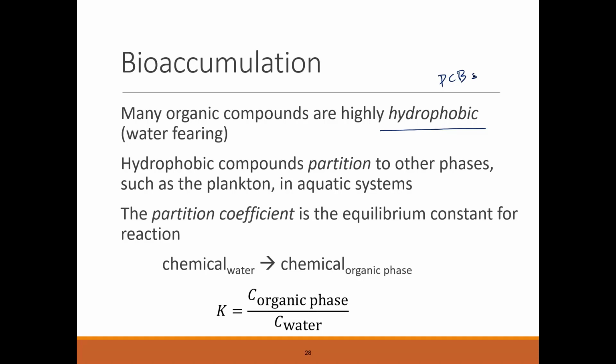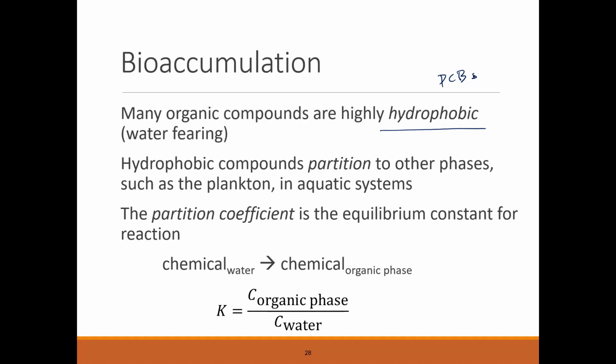They're extremely hydrophobic and they accumulate in the tissue of organisms. Because of that, we're concerned with this partitioning, and it's hard to describe it in terms of cells. We've often used octanol as a surrogate for biomass. It behaves somewhat similarly.